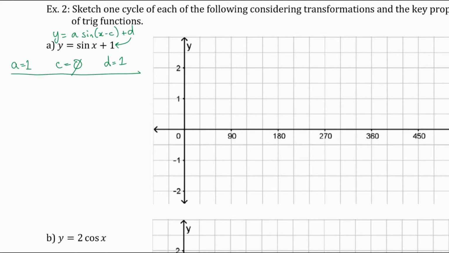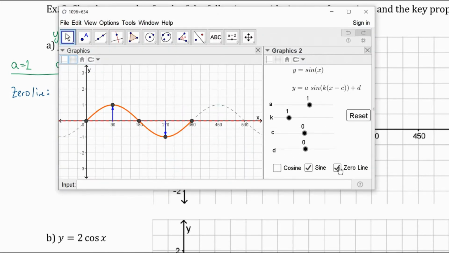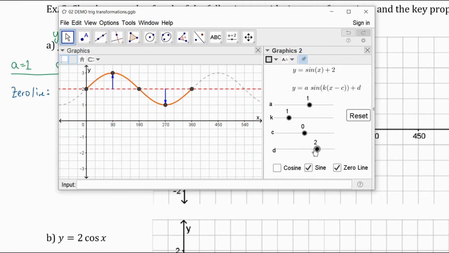Now, what I always start with is I write out the 0 line. The 0 line, again, if we look at this, let me reset it, I'll put the 0 line in there. It's that red line that is impacted by the shift.